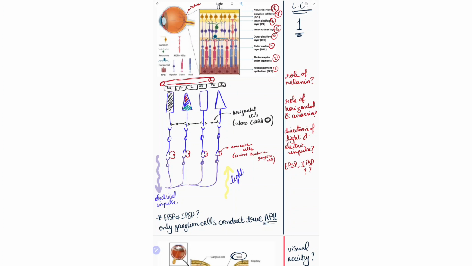Okay, they're conducting an impulse, but it's not an action potential. IPSP, on the other hand, is an inhibitory postsynaptic potential. It means that they're not excited, they don't want an action potential, okay? But only true action potentials are here. Only. There's no action potential up here, okay? You have to know this by heart.